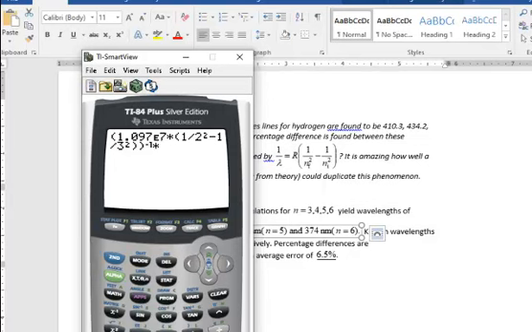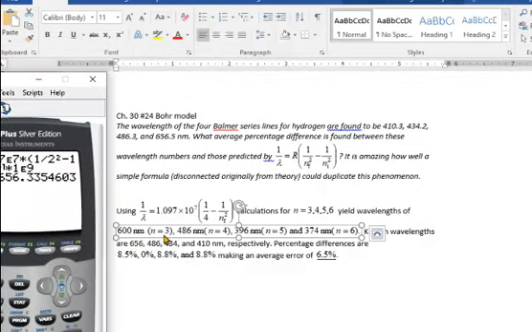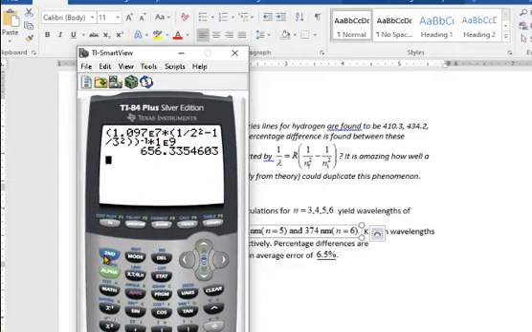And then I multiply with the conversion to nanometers, so I only have 1 step. There we go. Enter. And there it is. There's the 656. I don't know how they came up with 600 right there when they plug in n equals 3. Now, n equals 4, I do agree with that, because I will also come up with that.